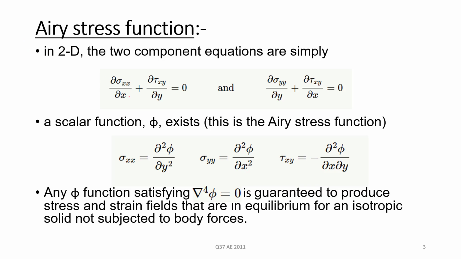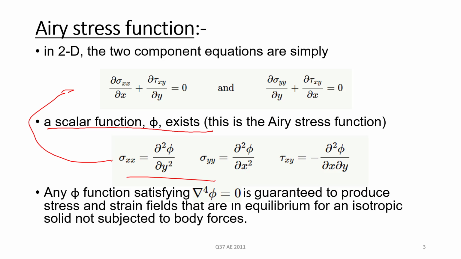It is assumed that a scalar function phi exists, that is an Airy stress function, such that sigma xx equal to dou 2 phi upon dou y square, sigma yy equal to dou 2 phi upon dou x square, and tau xy equal to minus dou 2 phi upon dou x dou y. If you check, these terms will satisfy these equations automatically.